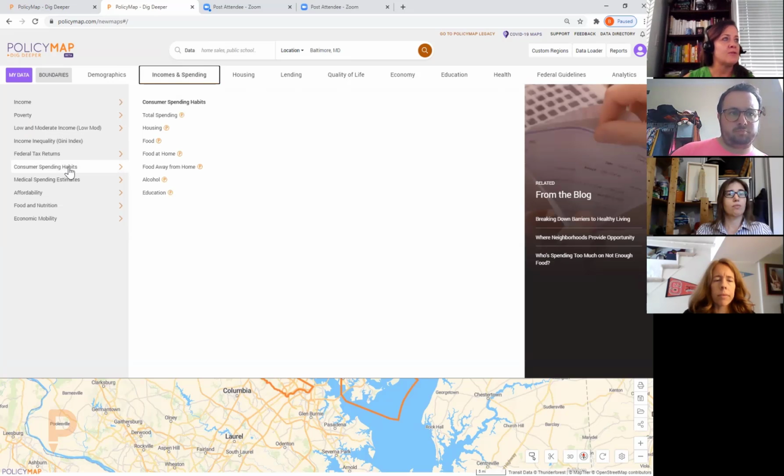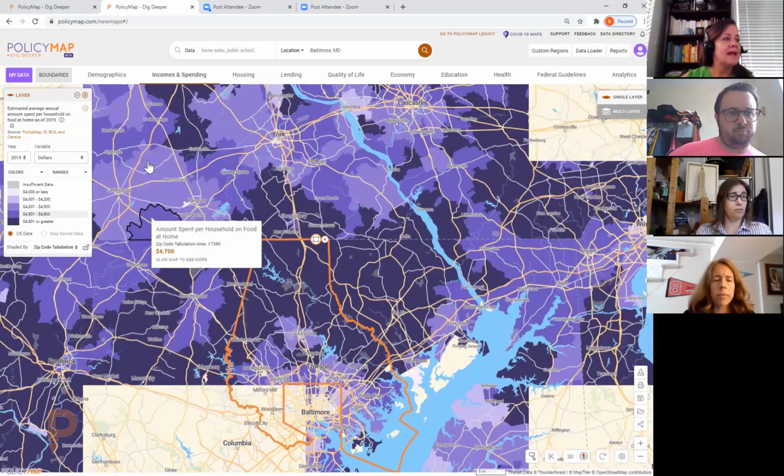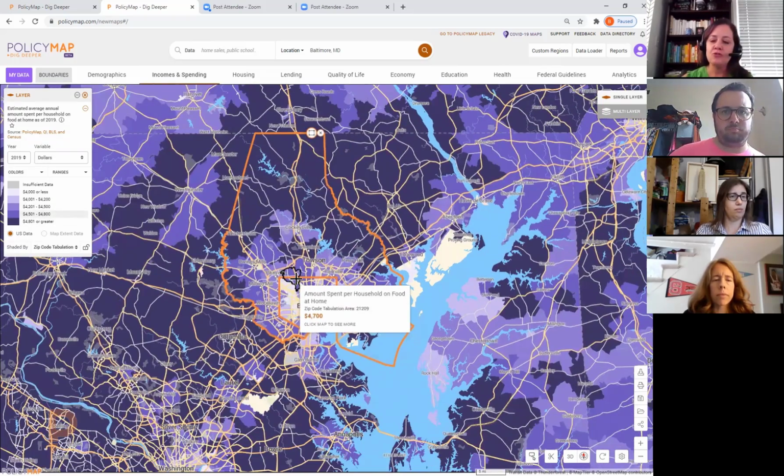So within here, you'll see that we have data on consumer spending habits. How much is a household spending on housing, food at home, alcohol, education, and we can find that pretty quickly. And if you ever have questions about where this data is coming from, we do try to be extremely transparent about this.